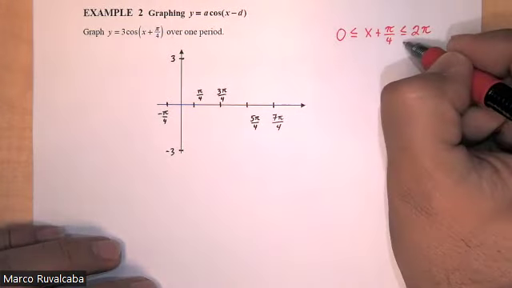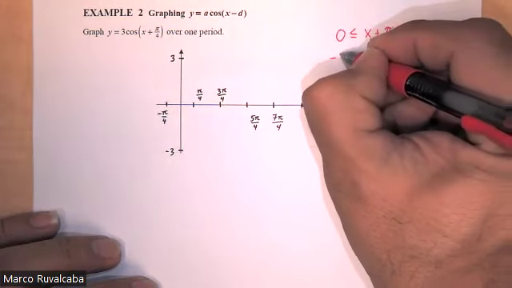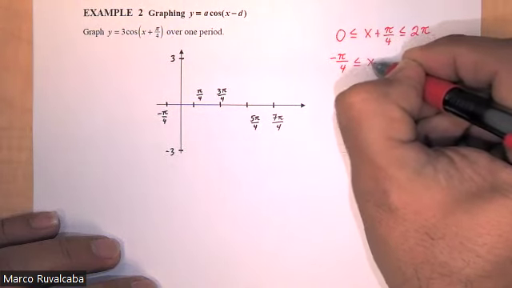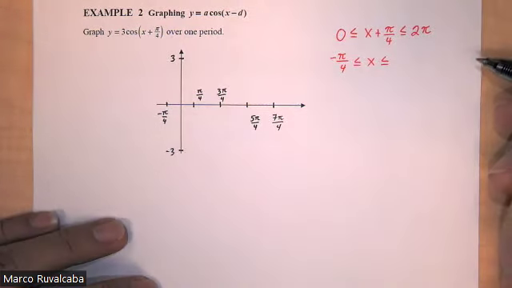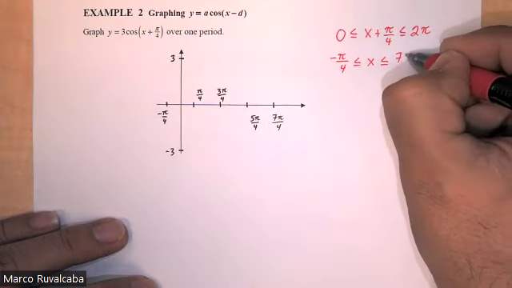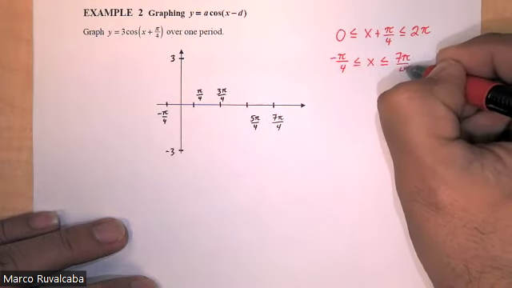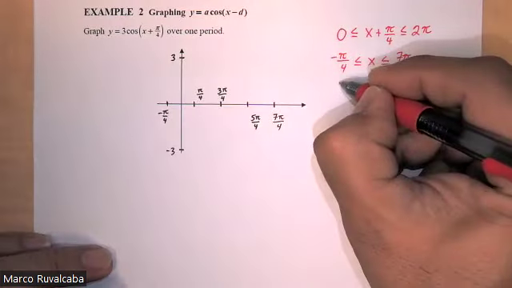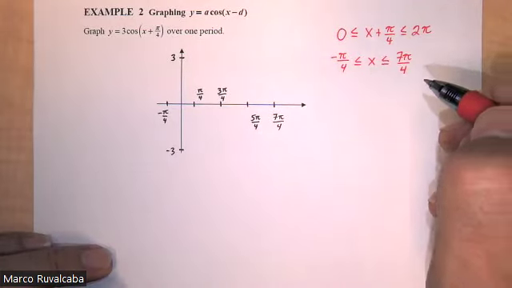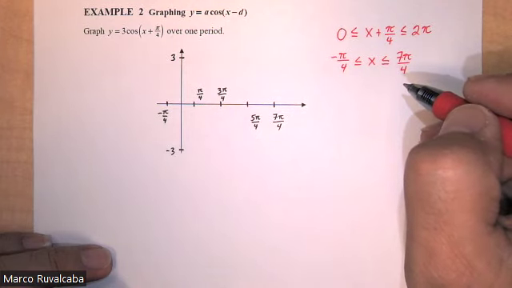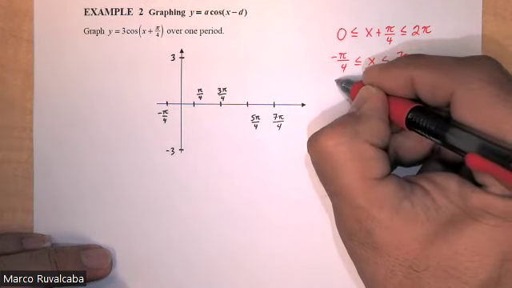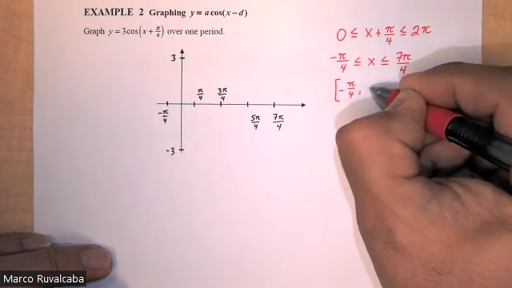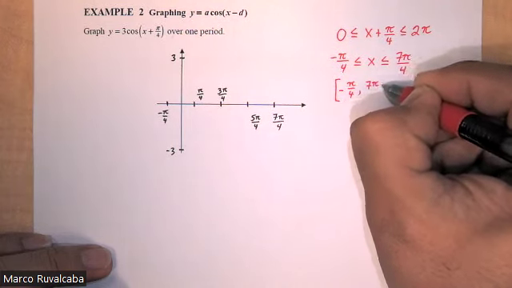And so if I subtract pi fourths from both sides, that'll give me the inequality, which is the interval between negative pi fourths and 7 pi fourths. Okay, and so that's my interval that I would follow, from negative pi fourths all the way to 7 pi fourths.